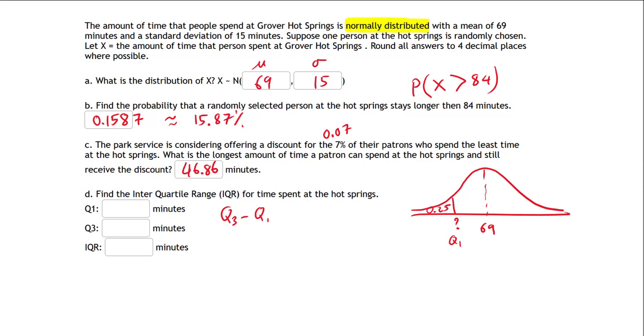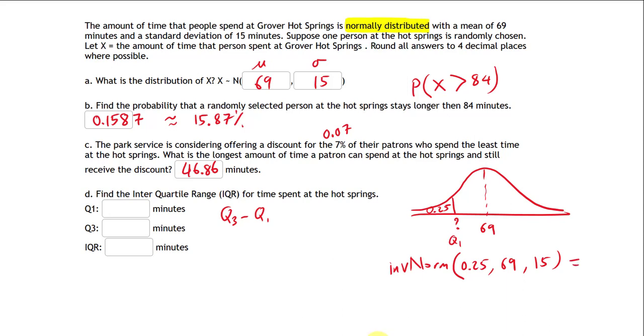All right, so this is the same problem as the last one. We are given the area and we want to find the value on the x-axis. So again, I use the inverse norm function. I input the area to the left side of that location, and then I input the mean and the standard deviation. The mean is 69, the standard deviation sigma is 15.